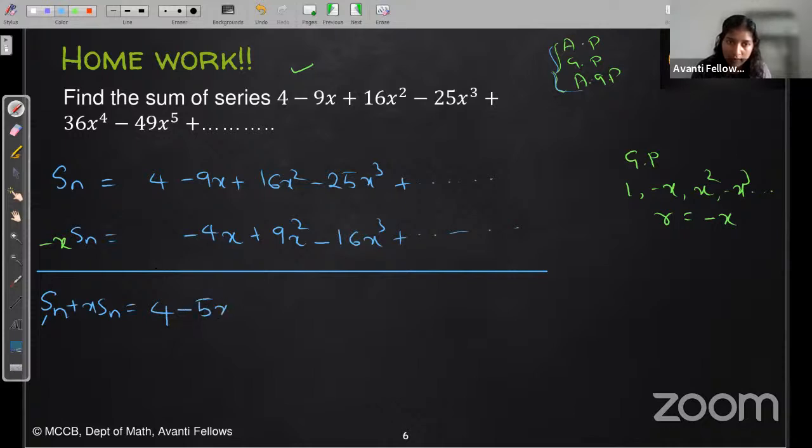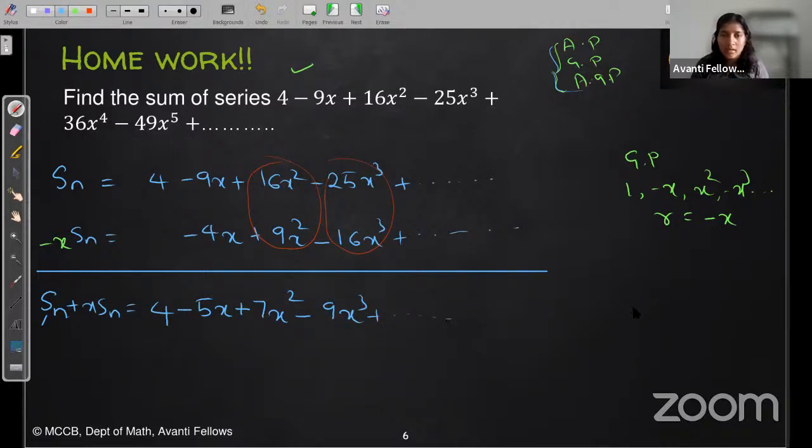Minus 5x. Then subtract these terms. When you subtract these two terms, that is 16x squared minus 9x squared, we will get plus 7x squared. And here we will get minus 9x cubed plus so on, right?